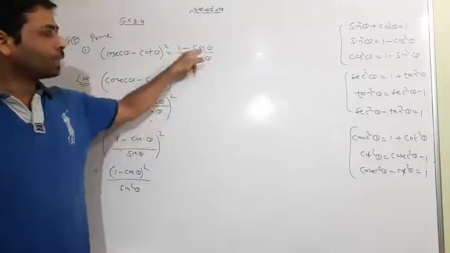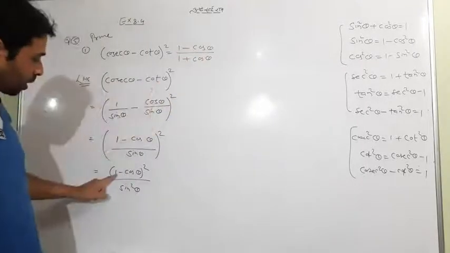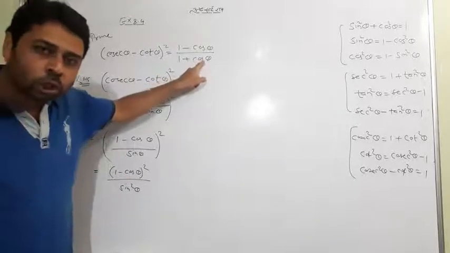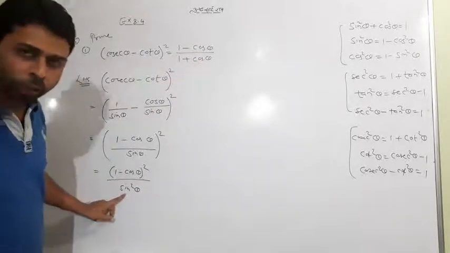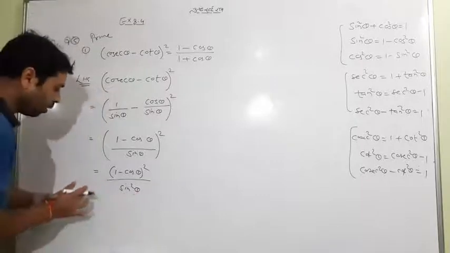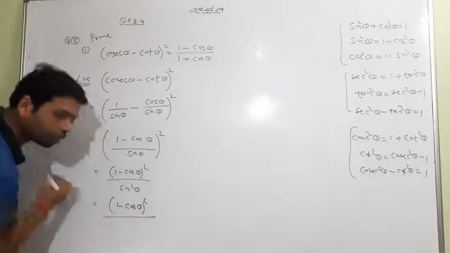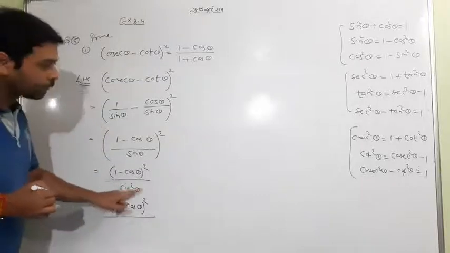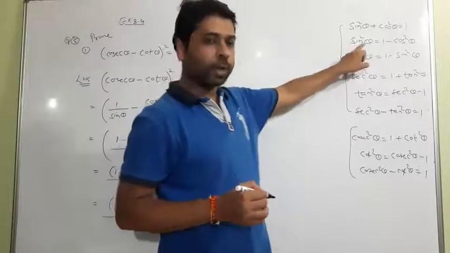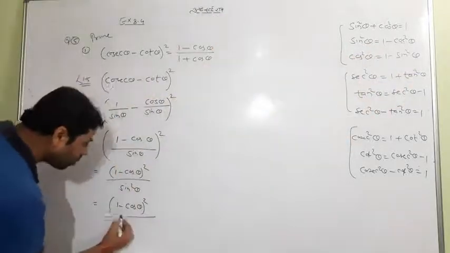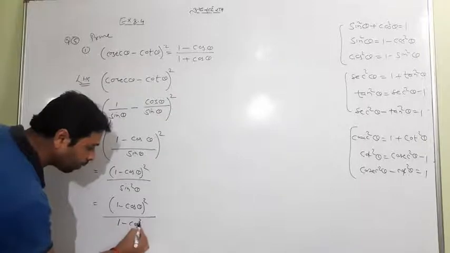I need 1 minus cos theta in the numerator, which has almost come, and 1 plus cos theta in the denominator, which is yet to come. Don't worry. Sine square theta is 1 minus cos square theta by the identity, so instead of sine square theta I will write 1 minus cos square theta.